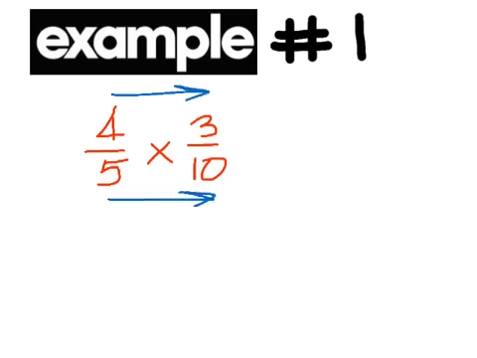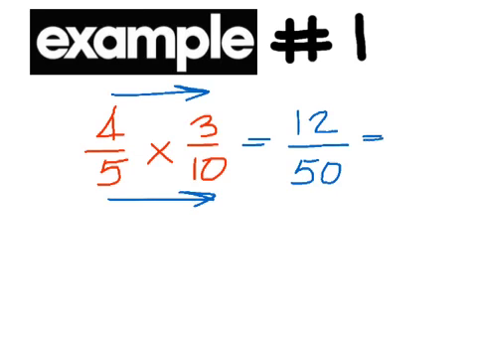So example number 1, multiplying fractions. 4 over 5 times 3 over 10. Step 1 is just to multiply straight across, left to right, like that. 4 times 3 is 12, and 5 times 10 is 50.